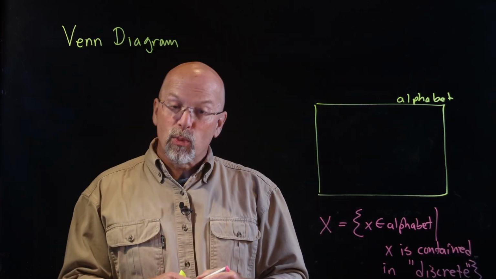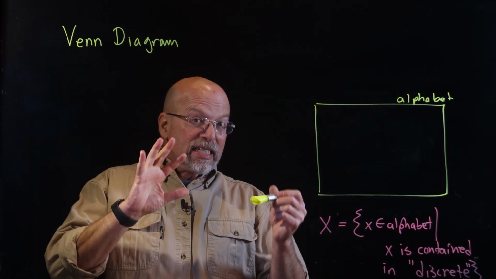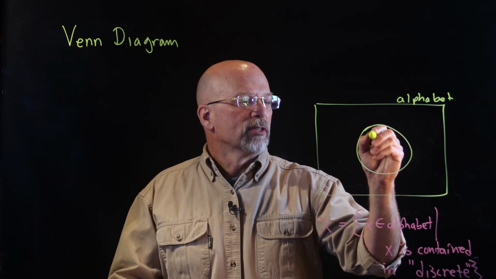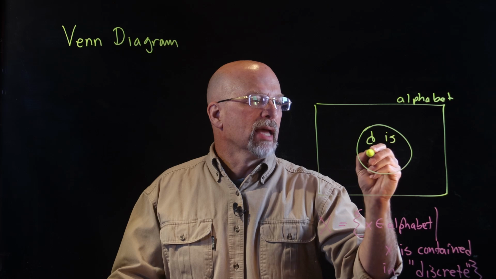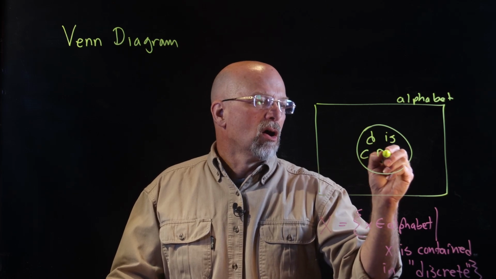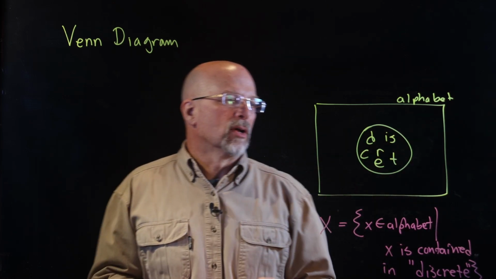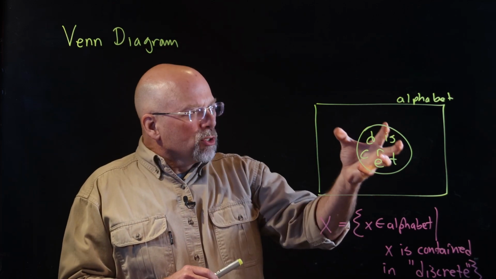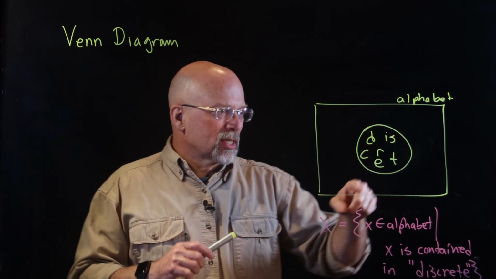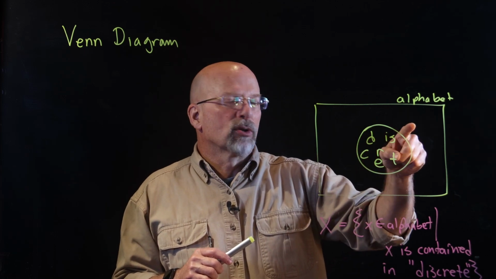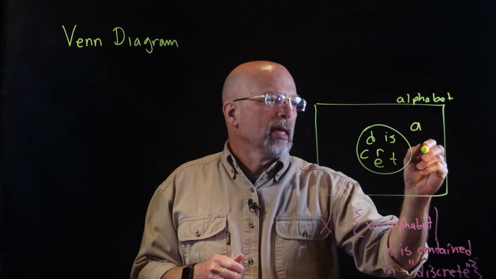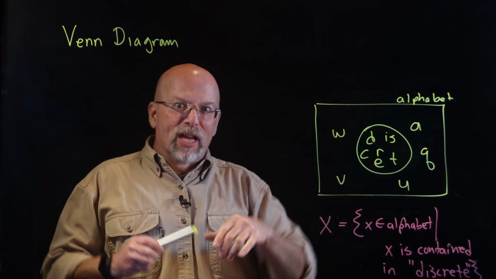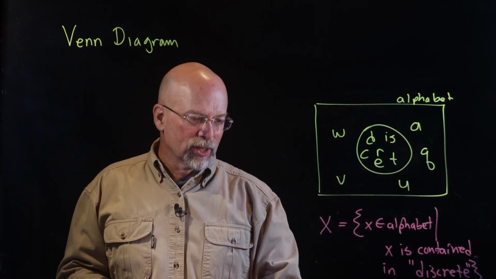And so in that case, we can draw very distinct Boolean membership in this set. What you'd have is the D, the I, the S, the C, the R, an E, and a T. We only need to have one of the E's because that's in there. And so that will show a Boolean representation: either it's inside the circle or outside the circle. A, Q, U, V, W, all those are outside the circle, a very definite membership.